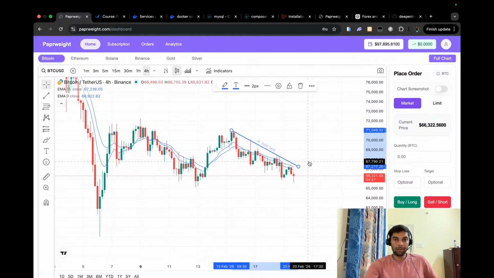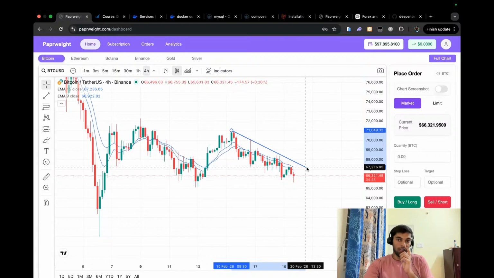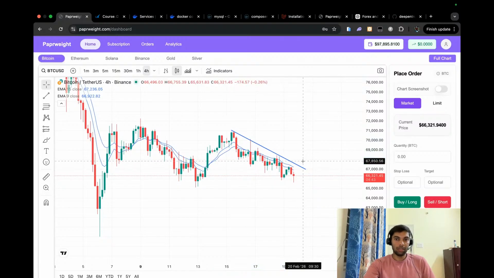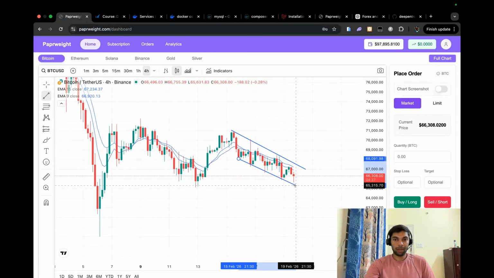By weak, I mean the market is moving in a channel, a parallel channel. So it might test its lower level as well.